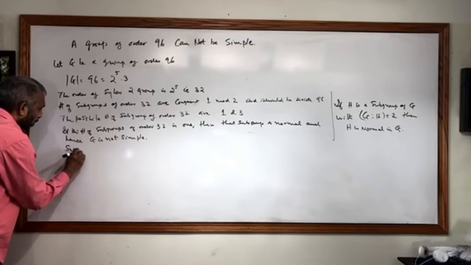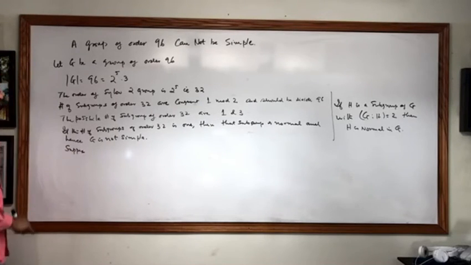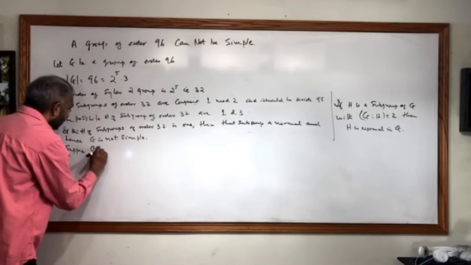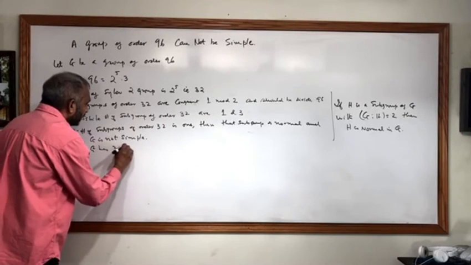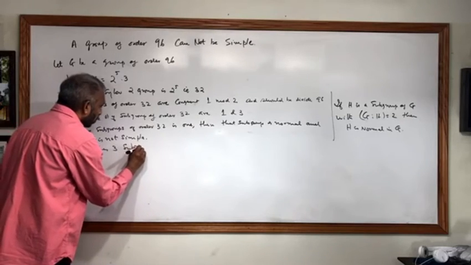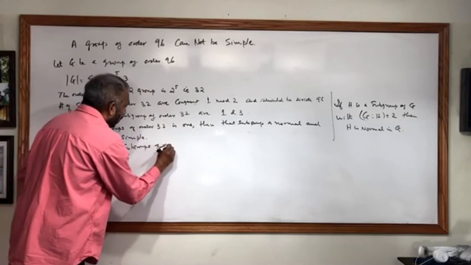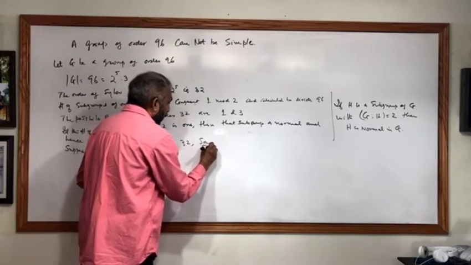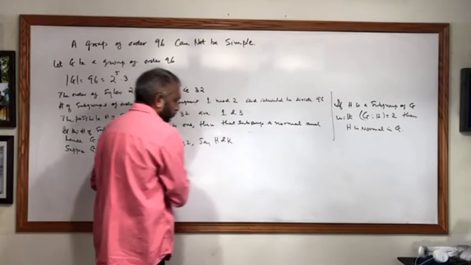Suppose G has 3 subgroups of order 32, say H and K.